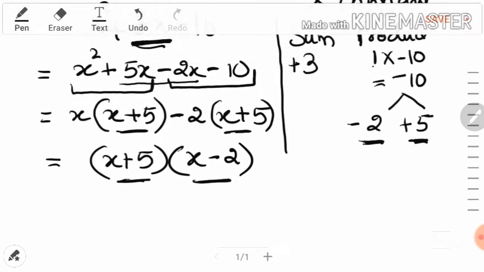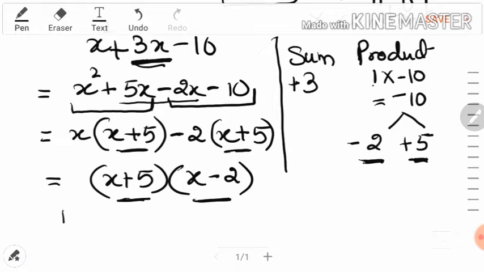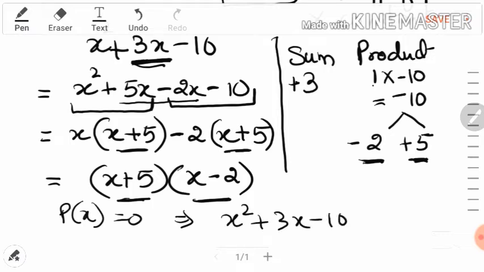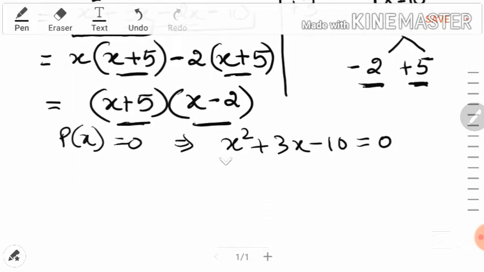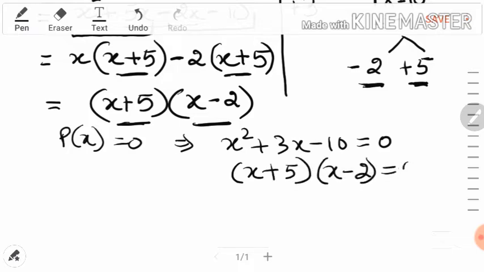Now to find the zero of this polynomial, we equate the polynomial to 0, which implies x square plus 3x minus 10 is equated to 0. But we have factorized this polynomial, so we'll use the factors: x plus 5 into x minus 2 is equal to 0. Now product of two numbers is 0 if either of them is 0.